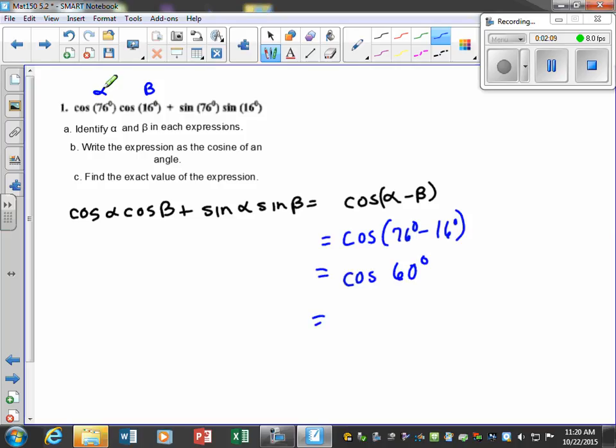On your unit circle, what is the cosine of 60 degrees? Good, 1/2. So we can see how we use our formulas to evaluate the expression. Alright, let's see another one.